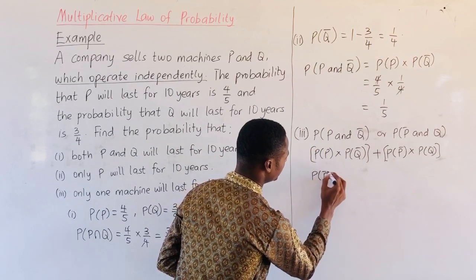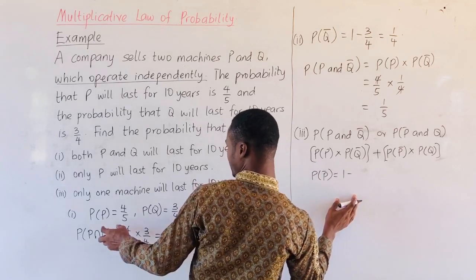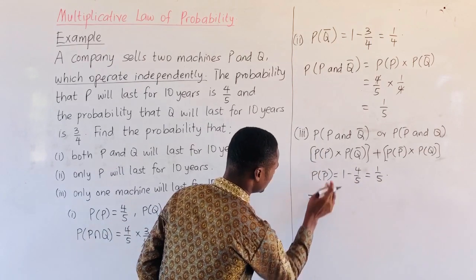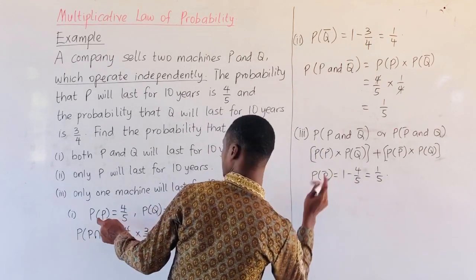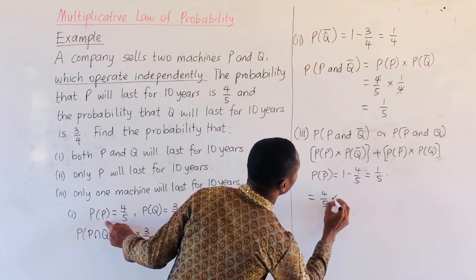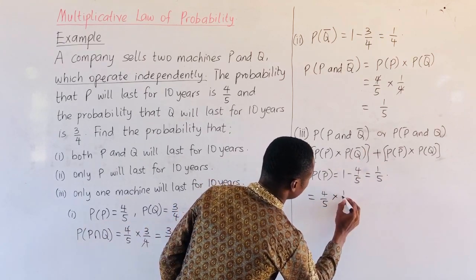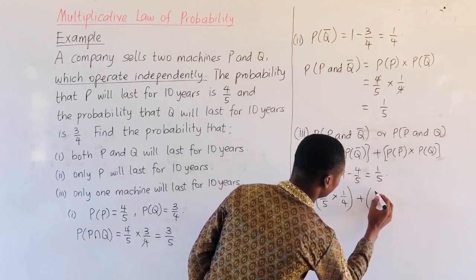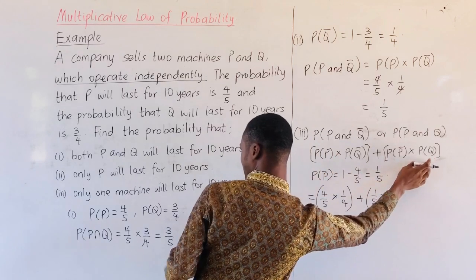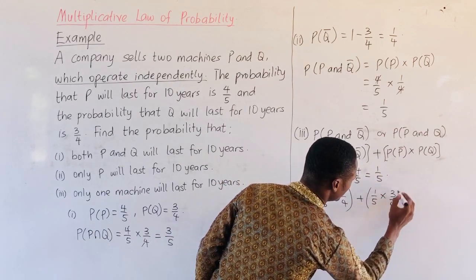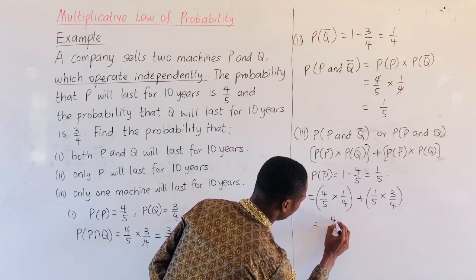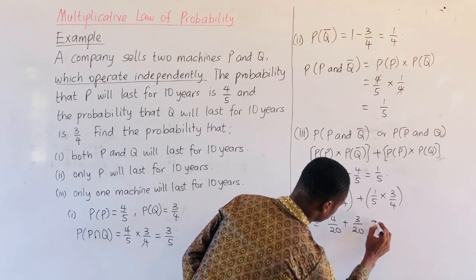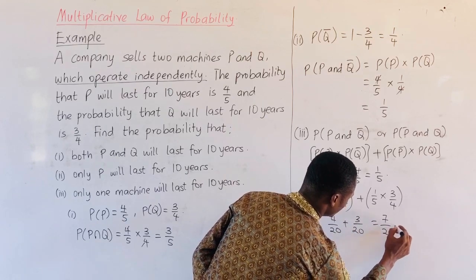Then the probability of P complement is 1 minus the probability of P, 4/5, which will give us 1/5. So our resulting probability will be probability of P is 4/5 times that of Q complement is 1/4, plus the probability of P complement is 1/5 times the probability of Q is 3/4. And this will give us 4/20 plus 3 over 20, which is equal to 7 over 20.